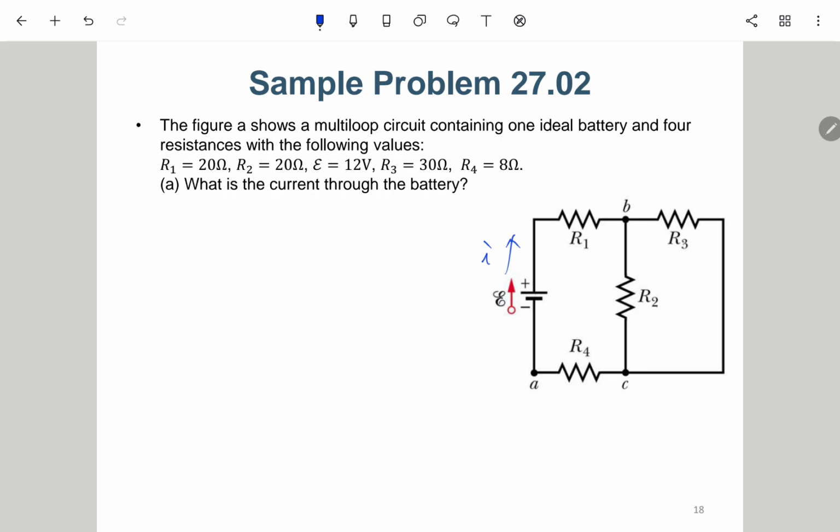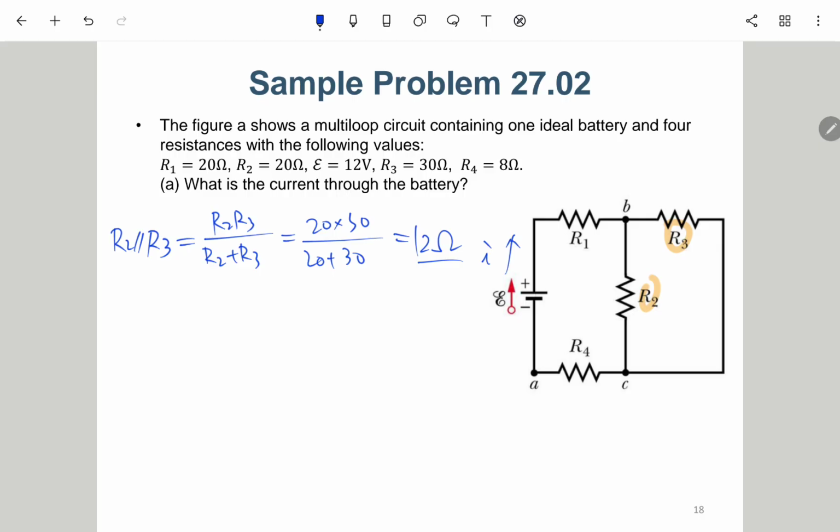First of all, we can see R2 and R3 are in parallel. So R2 parallel R3 will be R2 R3 over R2 plus R3. So it will be 20 times 30 over 20 plus 30, 600 over 50, which will be 12 ohm.